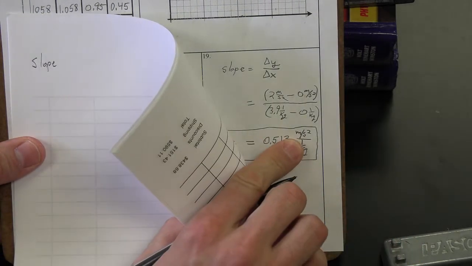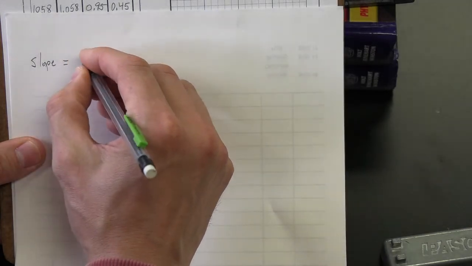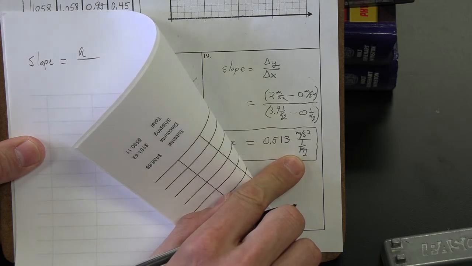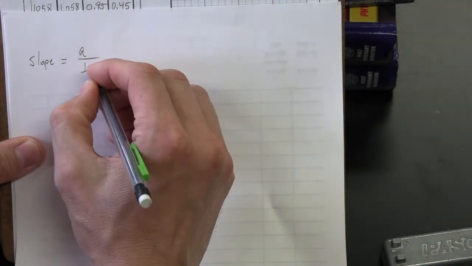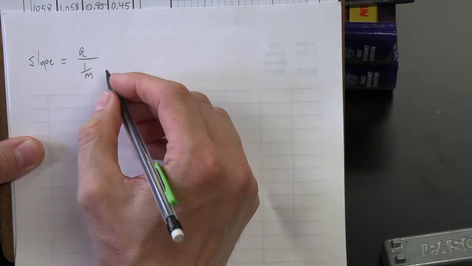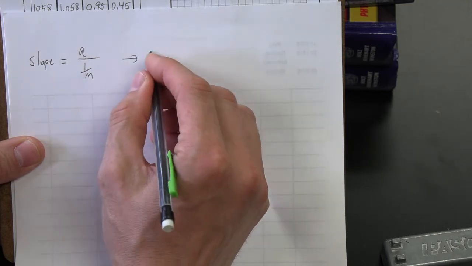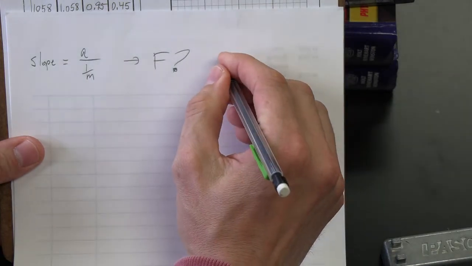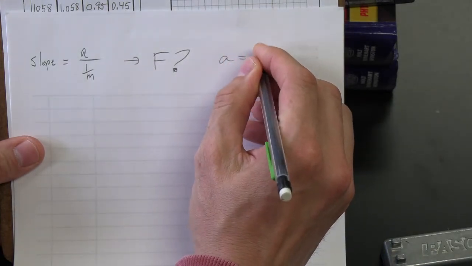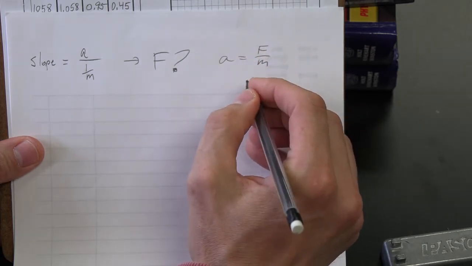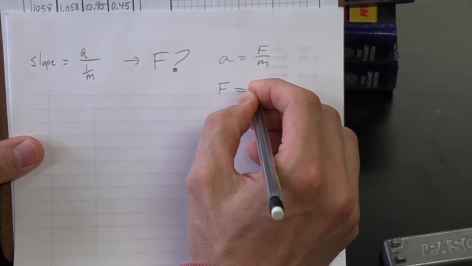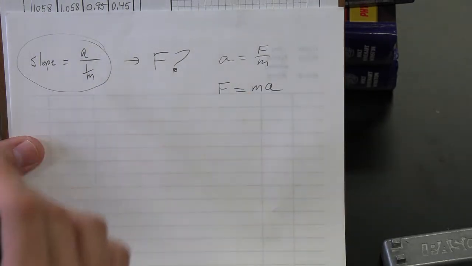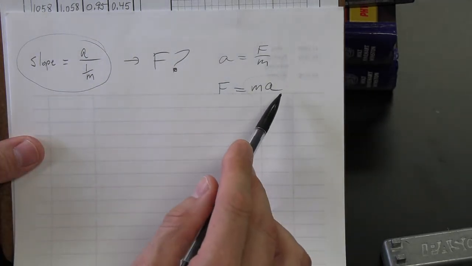Slope equals acceleration on top and then 1 over mass on the bottom. How does this relate to force? Well, from Newton's second law, a equals F over m. If you solve for force, force equals m times a. So how does this relate to this?